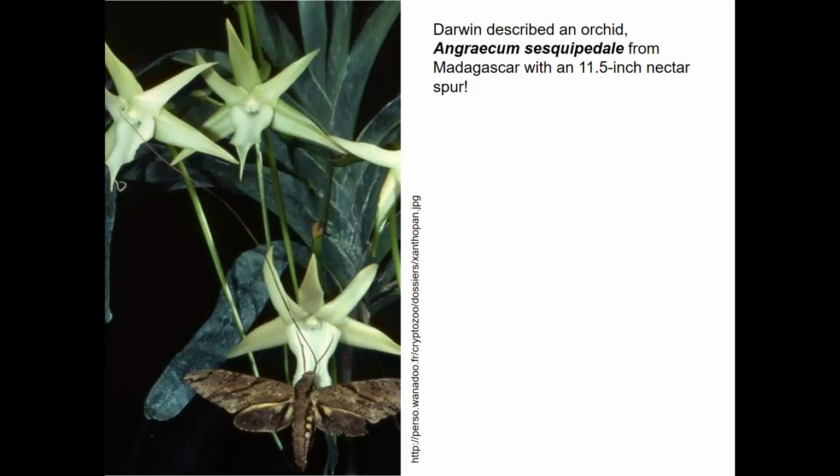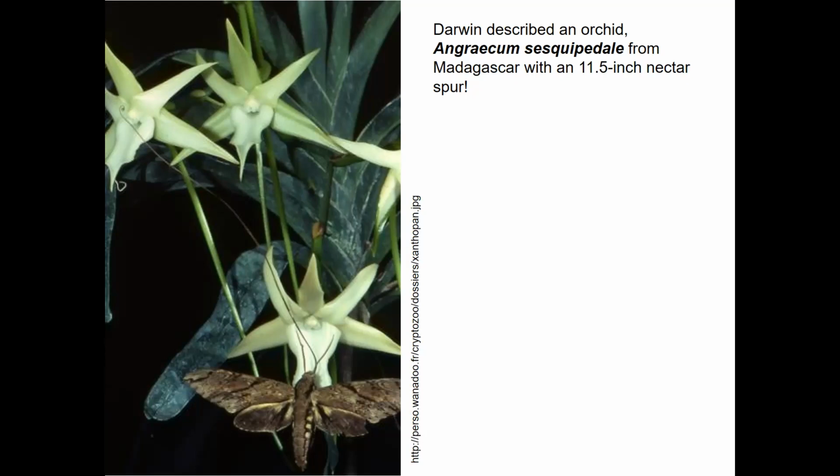And Darwin described an orchid, Angraecum sesquipedale, from Madagascar. He also visited many countries, and he landed in Madagascar.